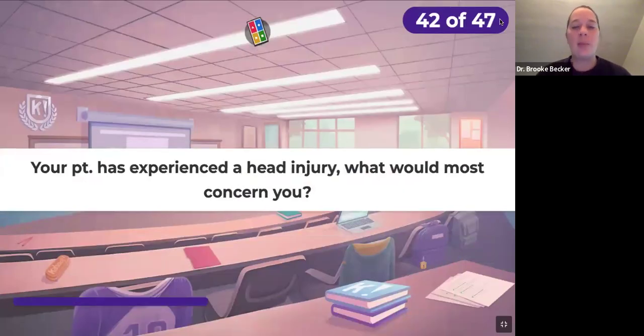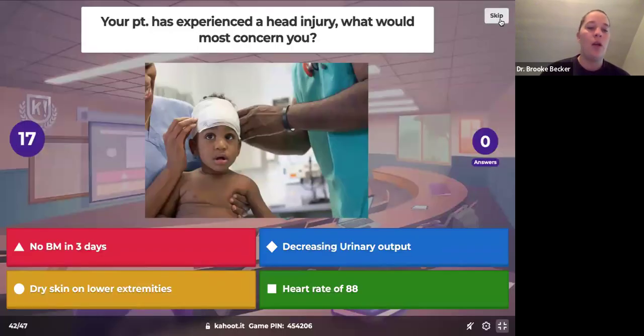Your patient has experienced a head injury. What would most concern you? No BM in 3 days, decrease urinary output, dry skin on the lower extremities, or a heart rate of 88.